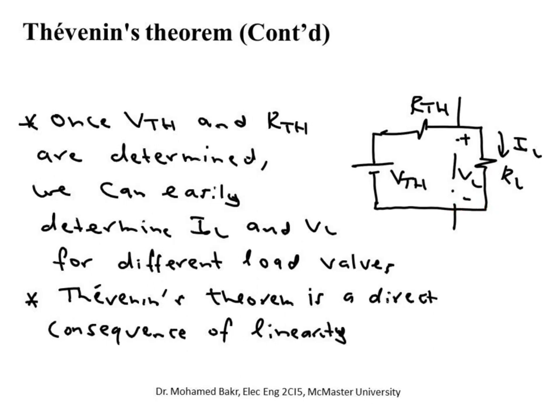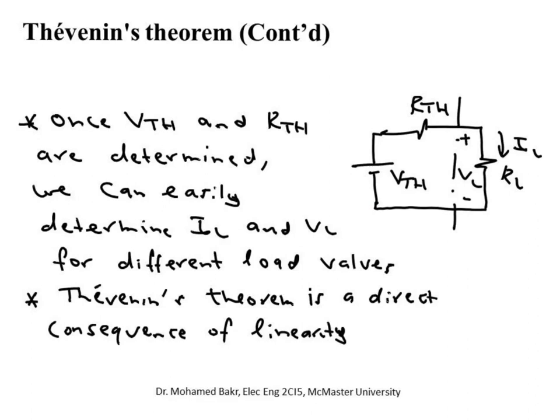This value will be V Thevenin over RL plus R Thevenin. The good thing about this approach is that if you change RL from 1 kilo ohm to 2 kilo ohm, the Thevenin equivalent is the same. So you can still calculate the current and the voltage in a very simple way.